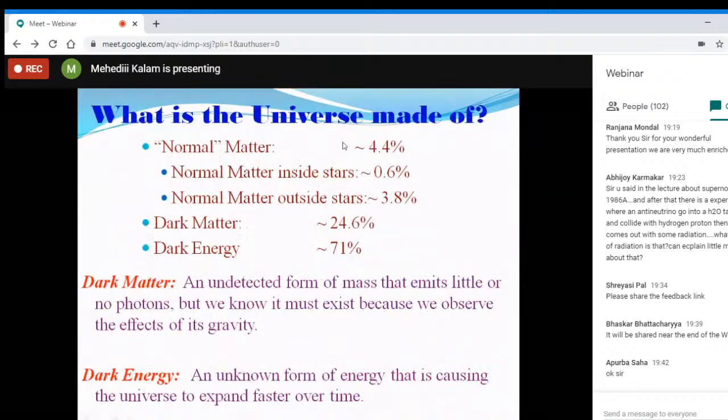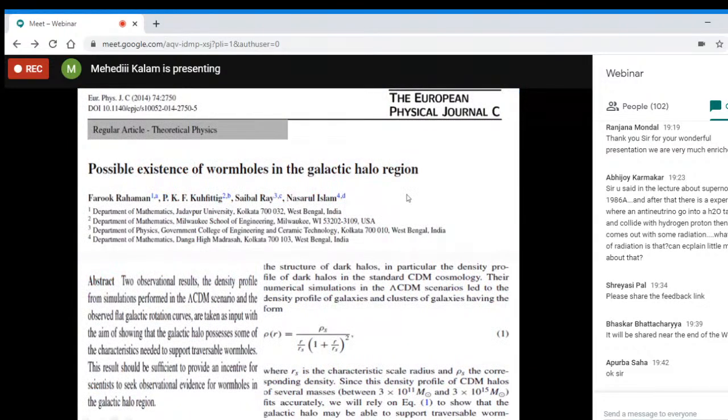So our universe is made of only 4.4% normal matter, and the dark matter is about 24.6%, and the rest is dark energy, 71%. So as I told earlier, scientists are trying to find the exotic matter.